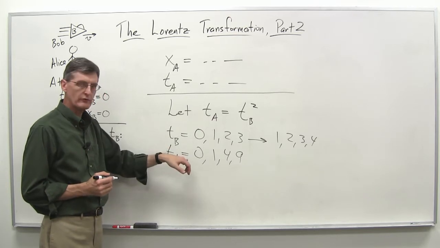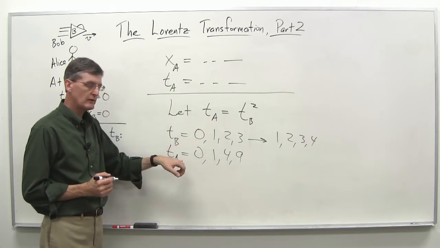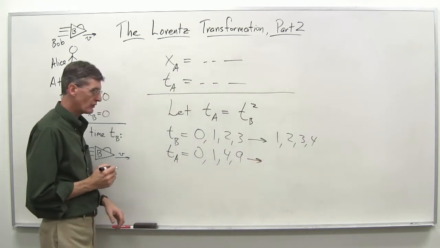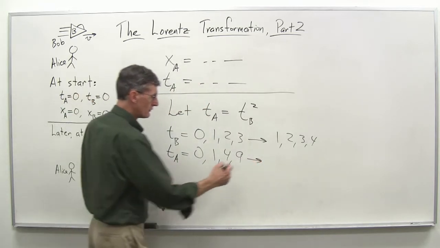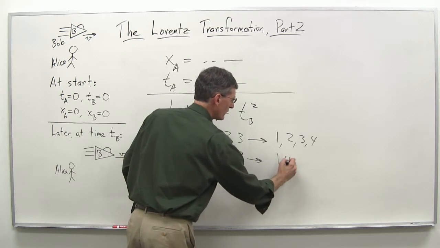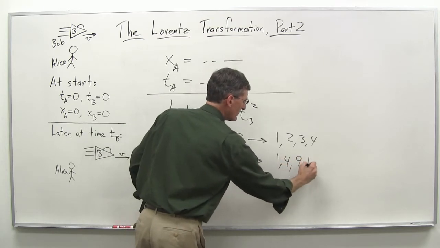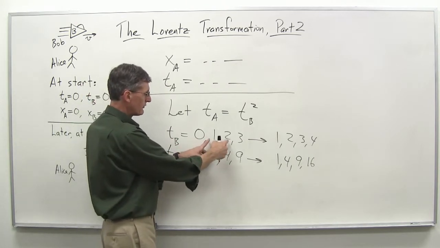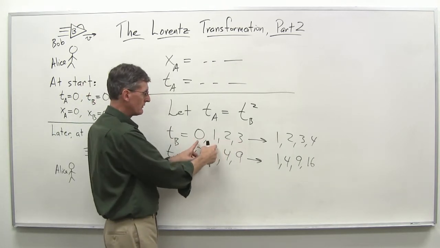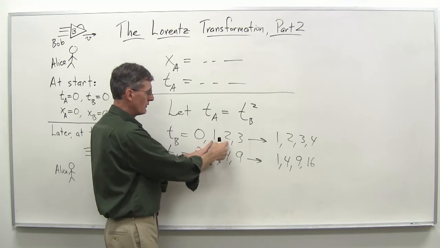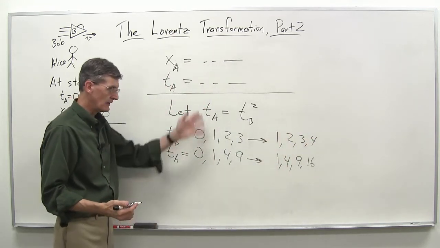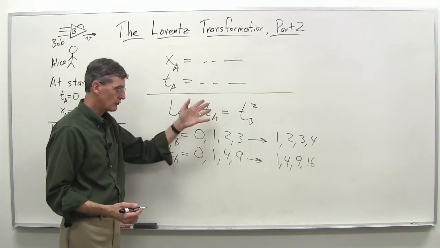But look what happens when you then use this formula and put it into Alice's clocks and her times. Then it becomes 1 squared, 4, 9, and 16. Whereas with Bob, the times between each event are still the same: 1 second, 1 second, 1 second. No change between if I had events at 0, 1, 2, 3 versus 1, 2, 3, 4.